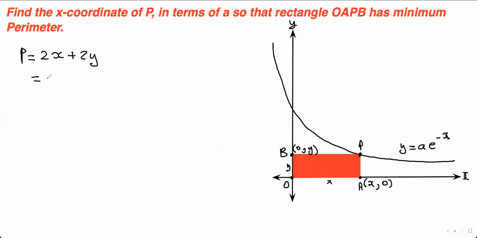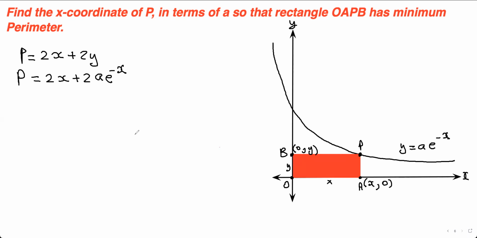And what we're going to do now, we're going to write 2x plus 2, and y is represented by the equation. So since we have the equation, then instead of y, we could write what the equation is. So 2a e to the minus x, and that's now the perimeter of this red rectangle.